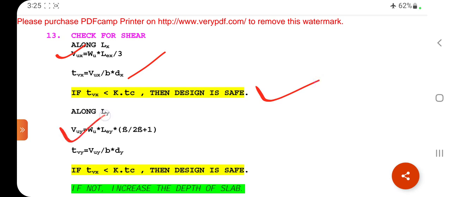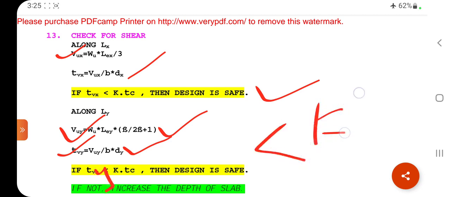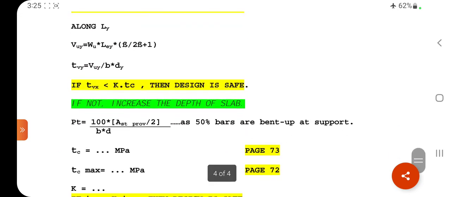Similarly, we calculate Vuy equals w into lx into beta upon 2 beta plus 1. Then tau vy equals Vuy upon b into dy. If tau vx and tau vy are less than k into tau c, at that time the design is safe. No need to increase the depth of the slab.